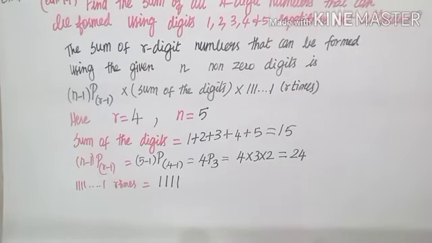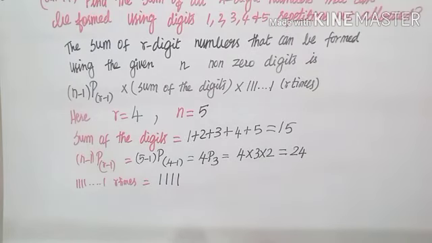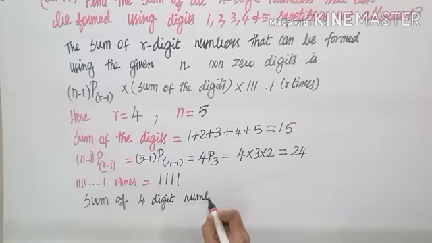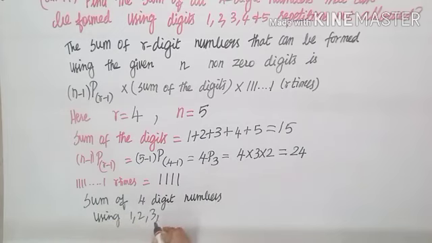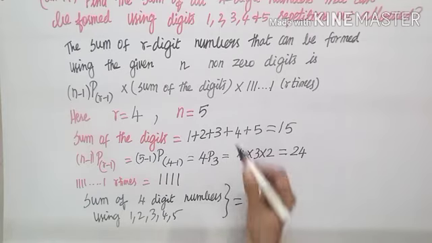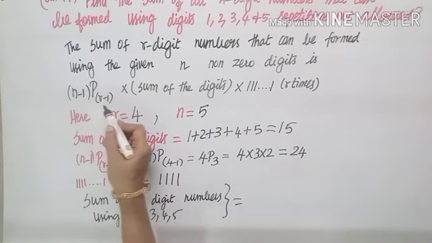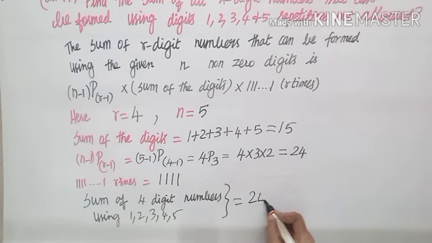Now the formula I can substitute. What is my answer? Sum of 4-digit numbers using 1, 2, 3, 4, 5. My answer is multiply it all. (n-1)P(r-1), 24.